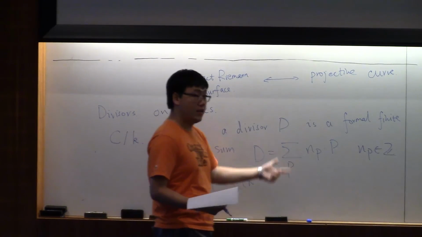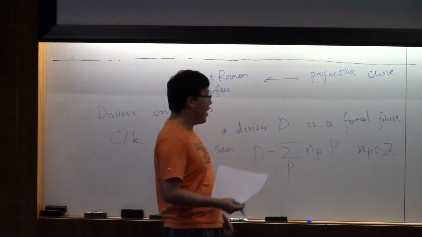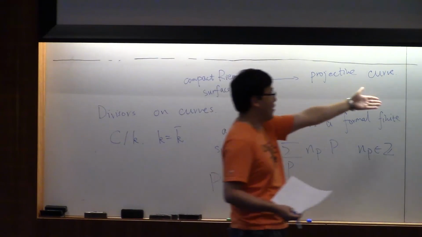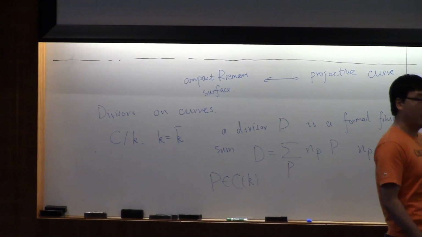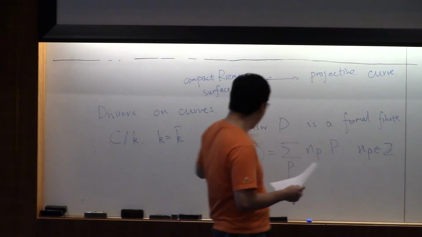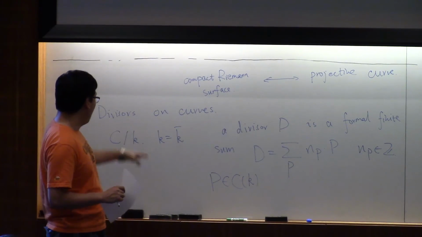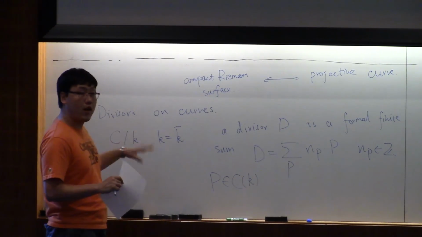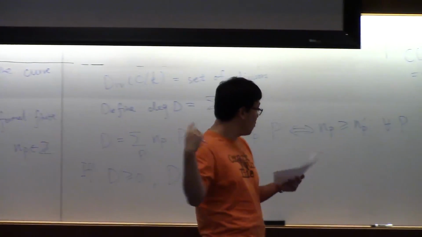Then these sets can be very small. Then the set of divisors cannot help you much in the study of the curves. So you can think about how to define the set of divisors for curves over a field which is not necessarily algebraically closed. Okay, I'll continue with this tomorrow.